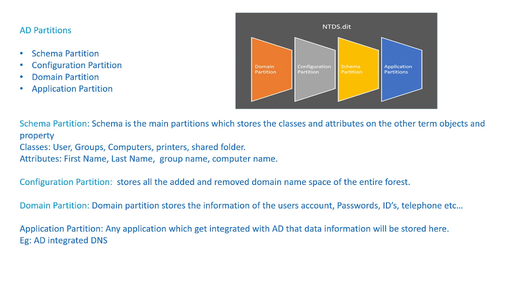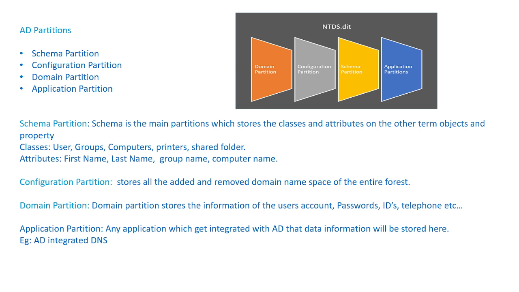These are all the attributes. The classes are user, group, computer, printer, shared folder, etc. Attributes are your first name, last name, group name, computer name, manager name, mobile number. All these things are attributes, which are nothing but properties normally. So all this information will be stored in the schema partition.